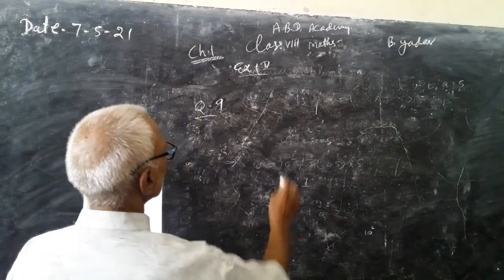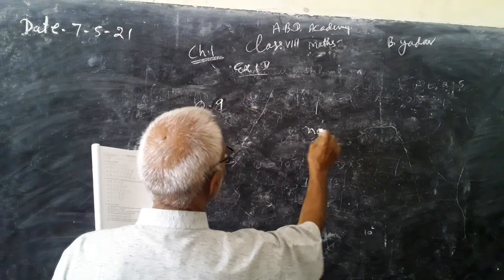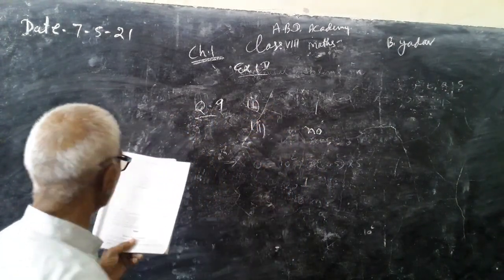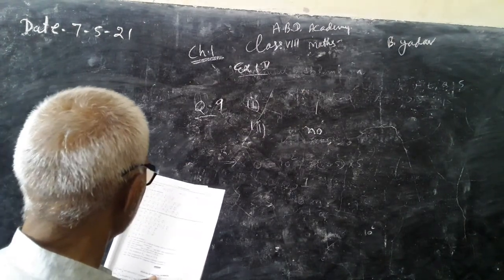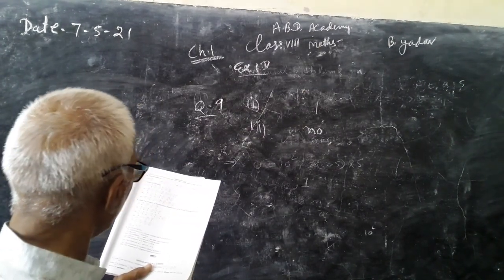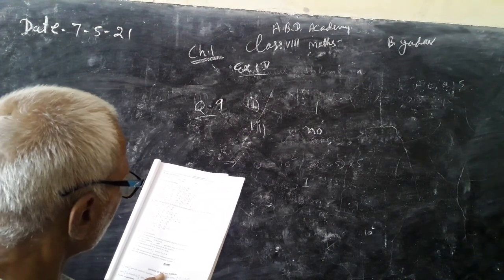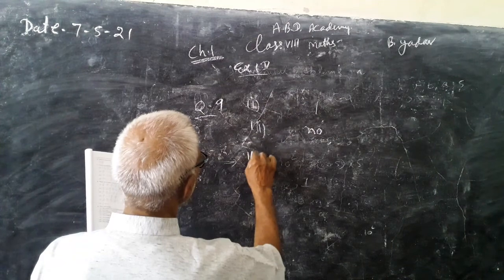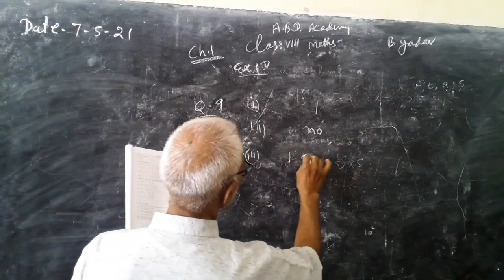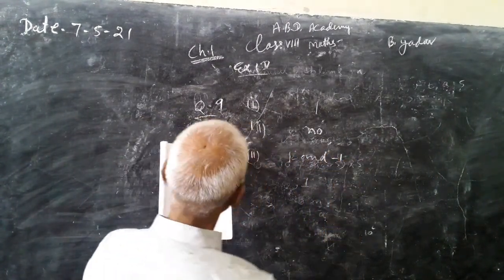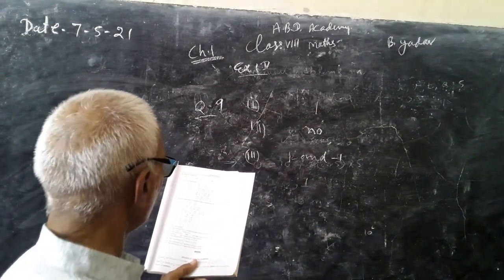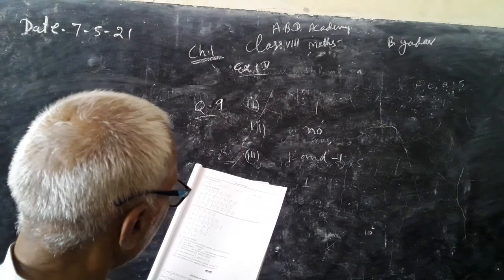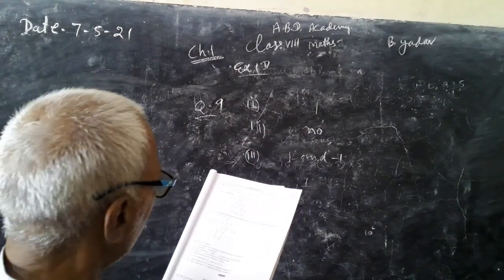Second, 0 has no reciprocal. In third, the numbers 1 and minus 1 are their own reciprocals. Fourth, 0 is not the reciprocal of any number.